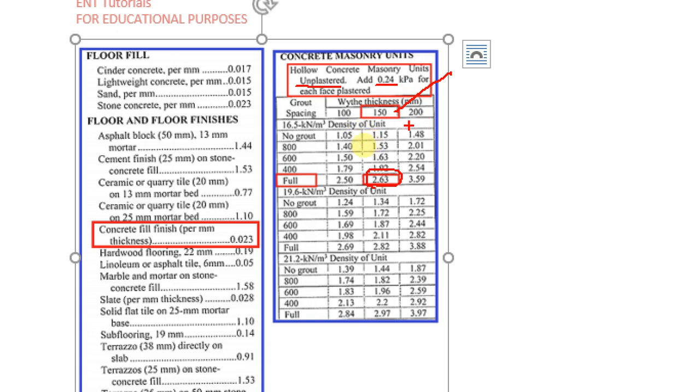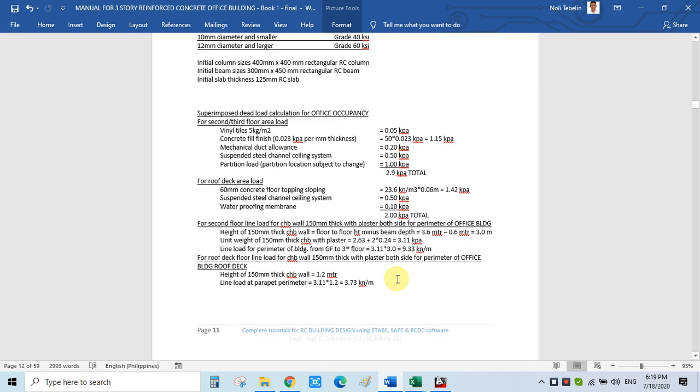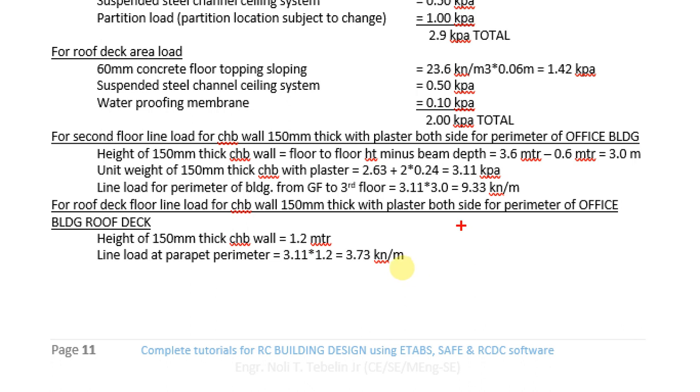But, kung gusto mong i-establish yung thickness ng plastering, you can compute your value according to the thickness required. So, madali lang.